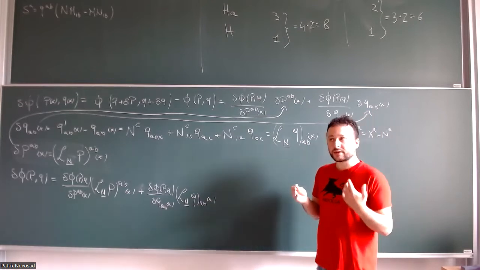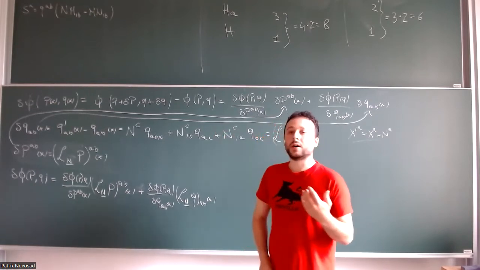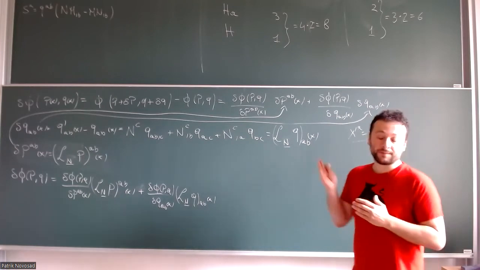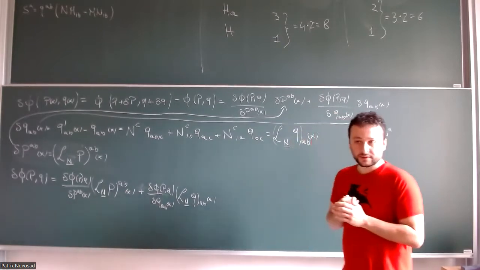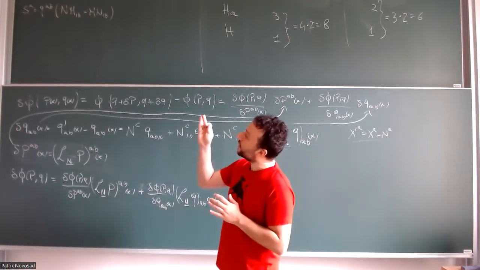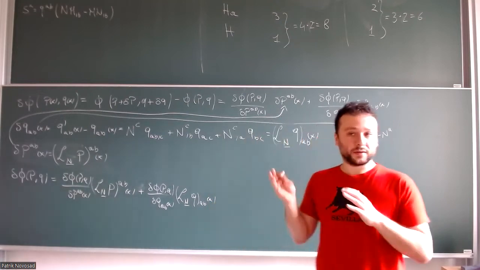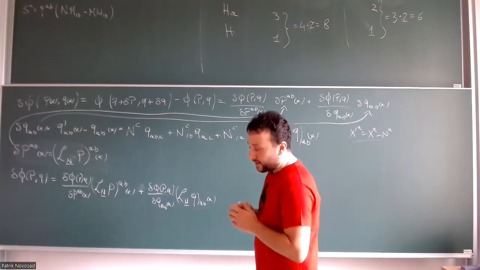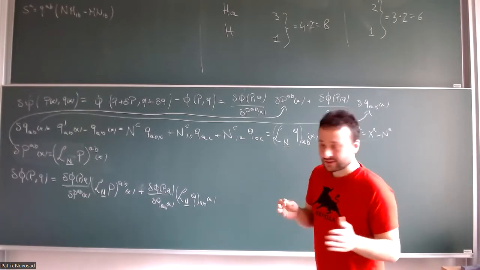That gives us exactly the meaning of the Poisson bracket between the vector constraint and a function: it is the action of the Hamiltonian vector field of the diffeomorphism constraint on a function.